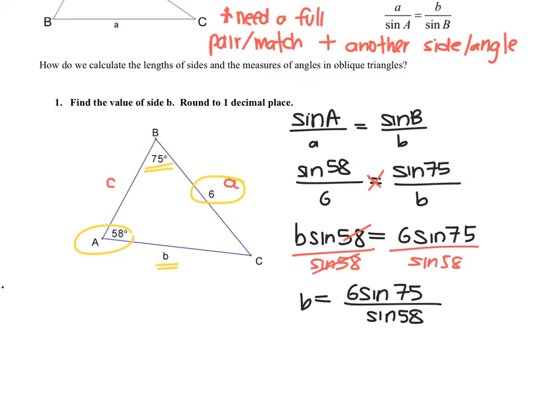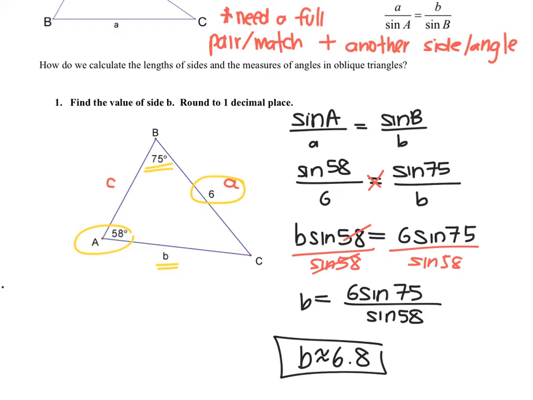If you have a nice calculator where you can set up a fraction, use it. Otherwise, you're going to be typing in 6 times sine 75, close a bracket around your angle, divided by sine 58. I want everyone to try this to make sure you're using your calculator properly. What you should get is roughly 6.8 for B.